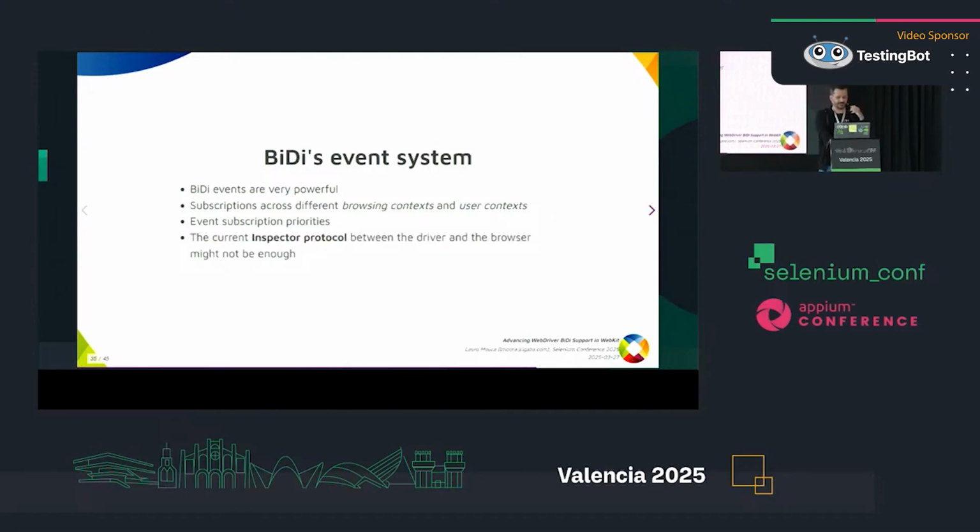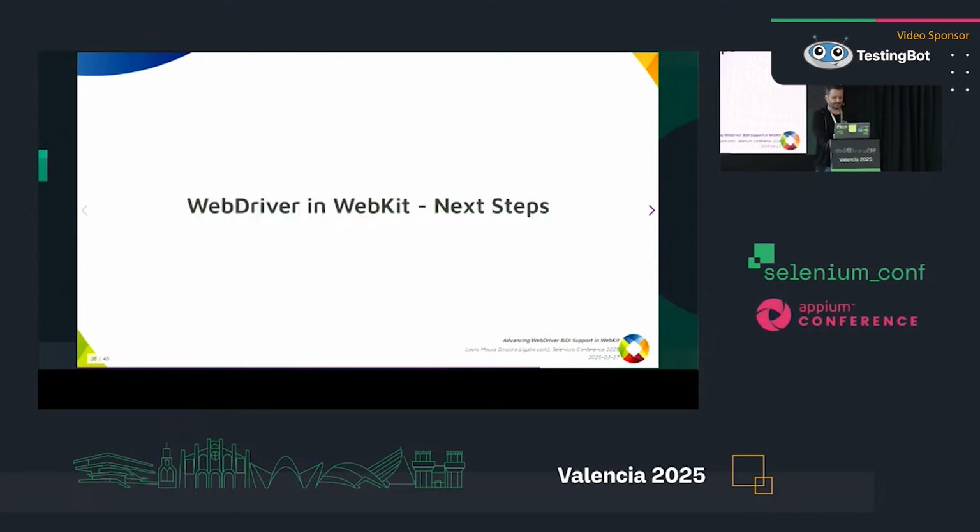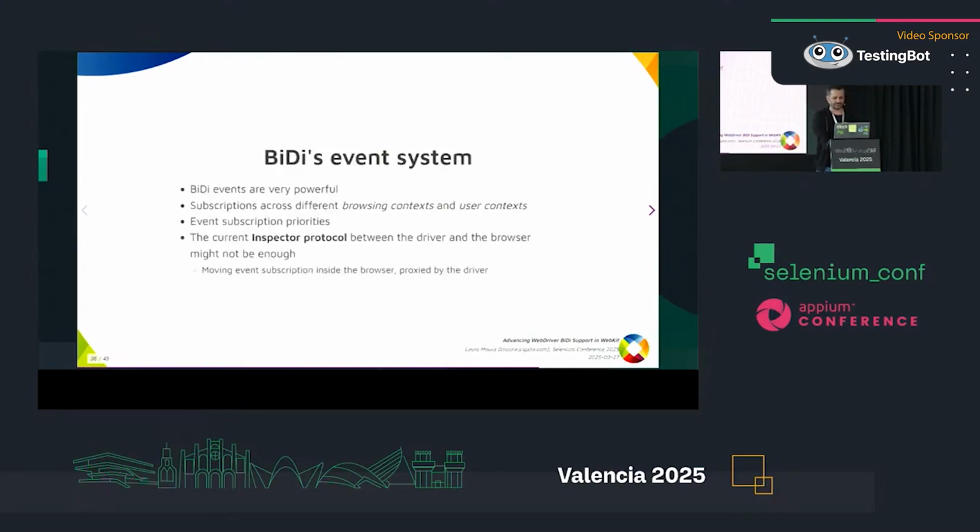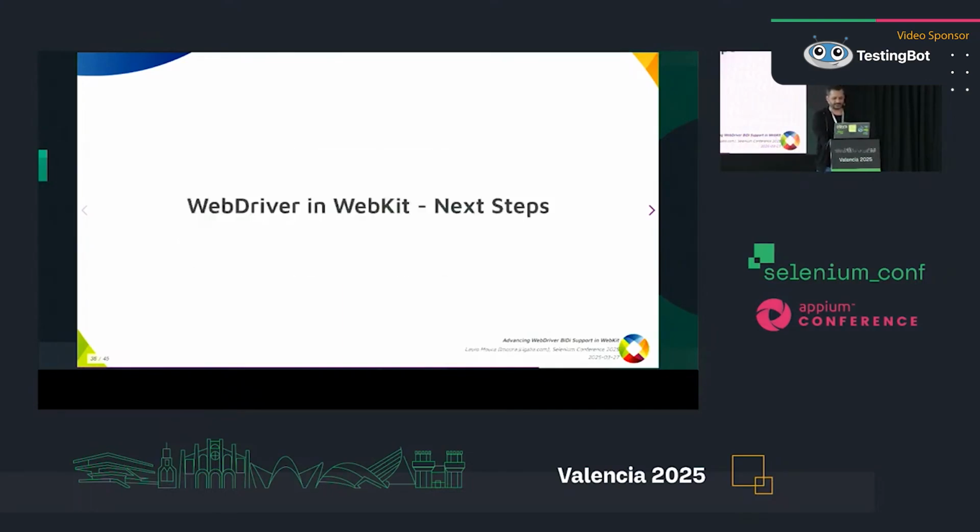And the current inspector protocol between the driver and the browser might not be enough for this, so we are planning to move the event implementation inside the browser itself. Also to avoid doing all those round-trip calls, and to share as much code as possible between the ports.